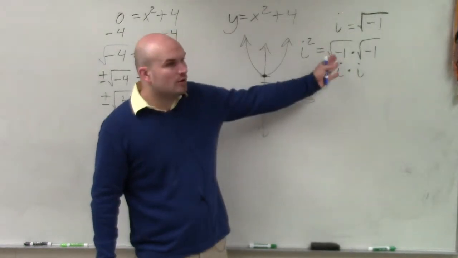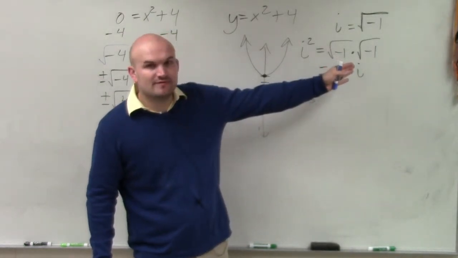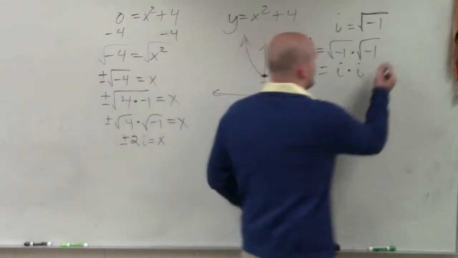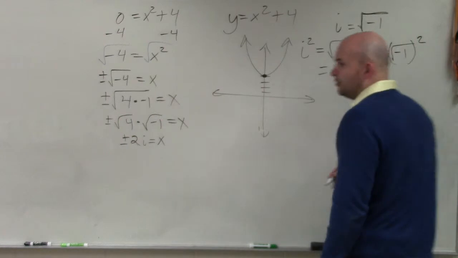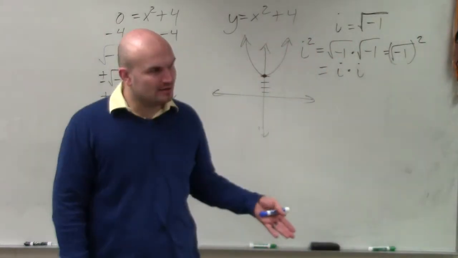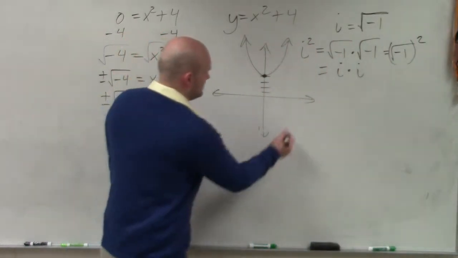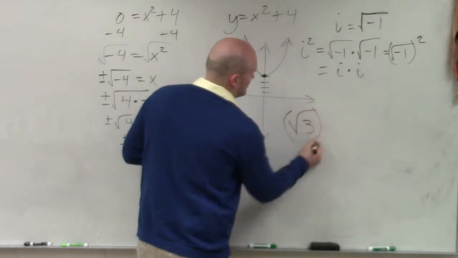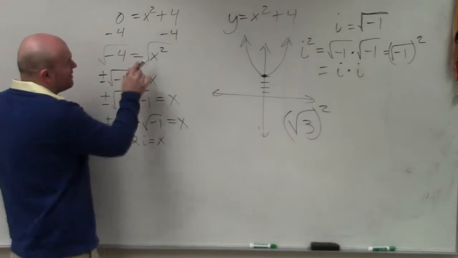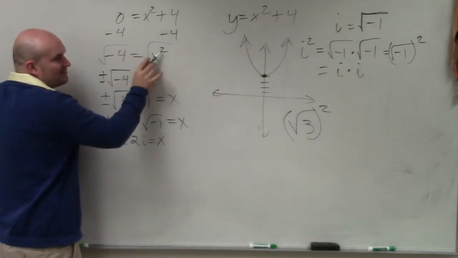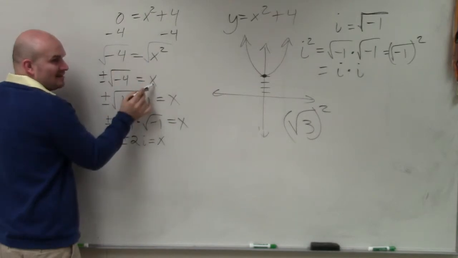OK. So the square root of -1 times the square root of -1 is equal to the square root of -1 squared. Well, what's the square root of something squared? It's just x. They undo each other.